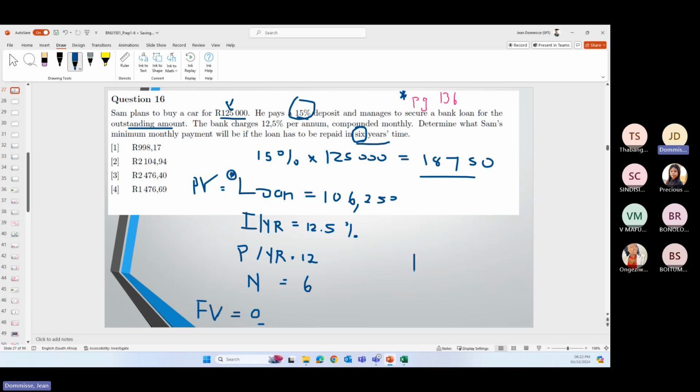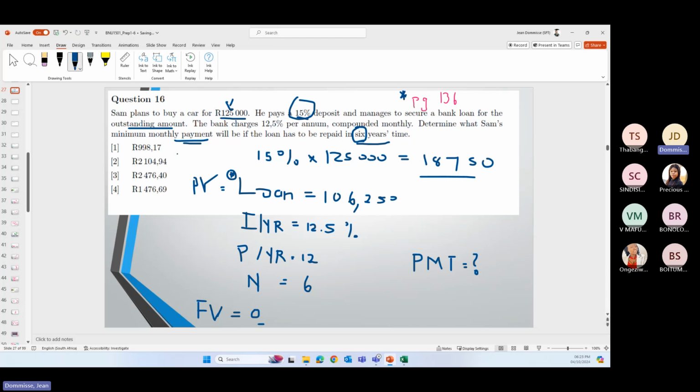So I will need to work out what is my PMT. They ask to determine what Sam's minimum monthly payment will be, so we need to work out what his monthly installment is going to be.